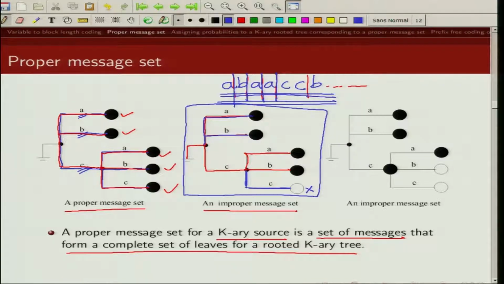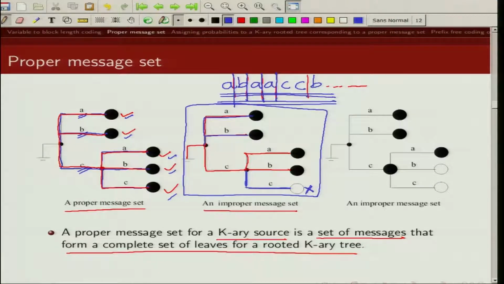So this is an example of an improper message set. In a proper message set, we are using all the leaves of a k-ary rooted tree, whereas in an improper message set, we are not using some of the messages. So clearly we cannot parse a source using an improper message set.